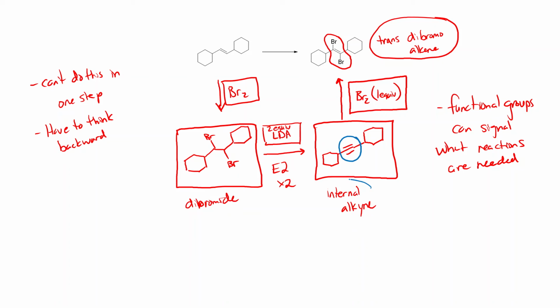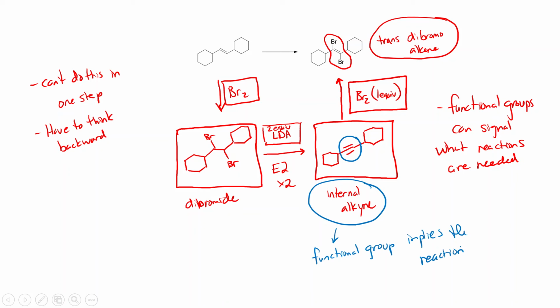And I said, okay, it's an internal alkyne. What reaction do I know, right? The functional group determines the reaction that I want to have happen. Functional group implies the reaction. And so what reactions do I know that have internal alkynes as products?